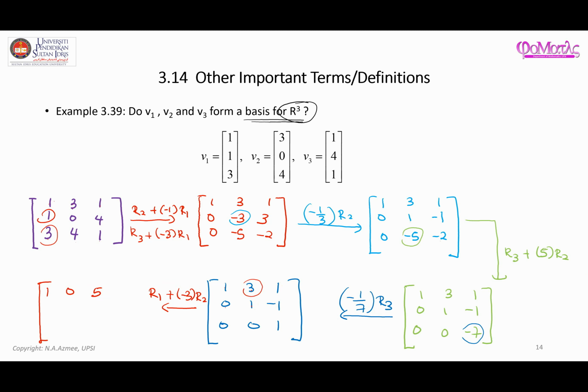Sorry, 1 plus 3. So here is 1 plus 3 is 4. And here is 0, 1, -1, 0, 0, 1.